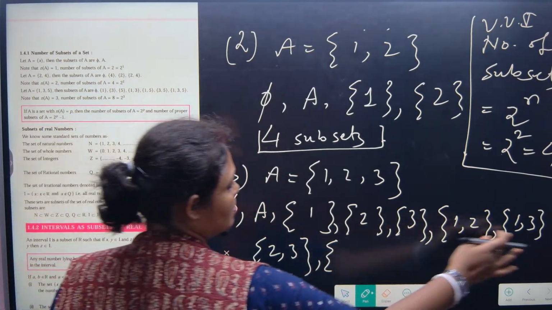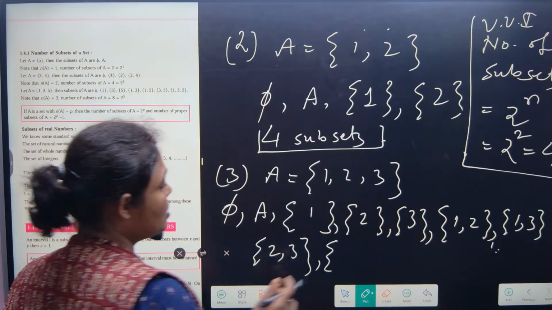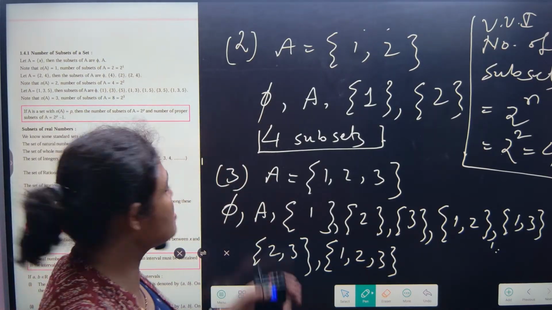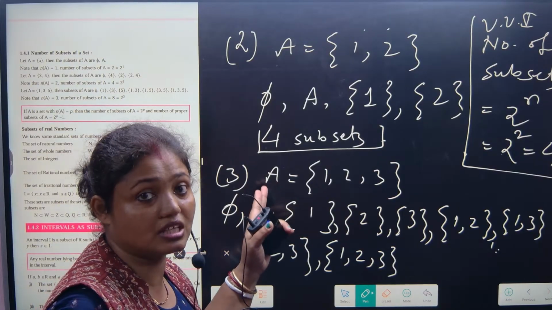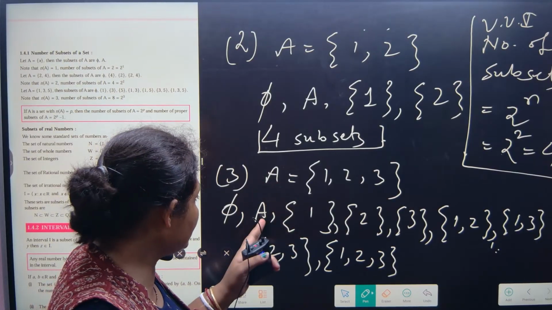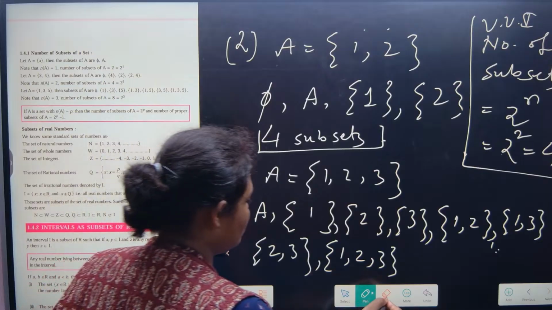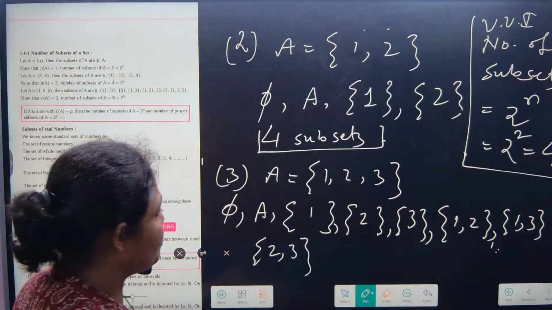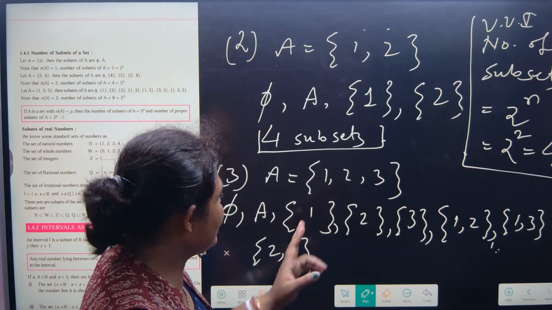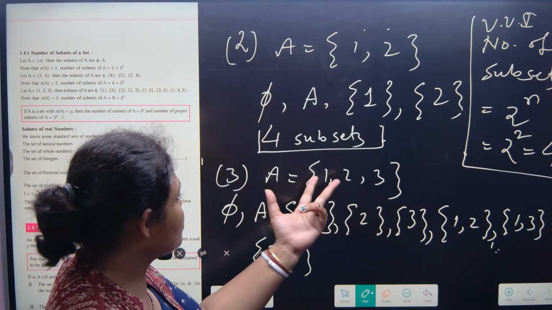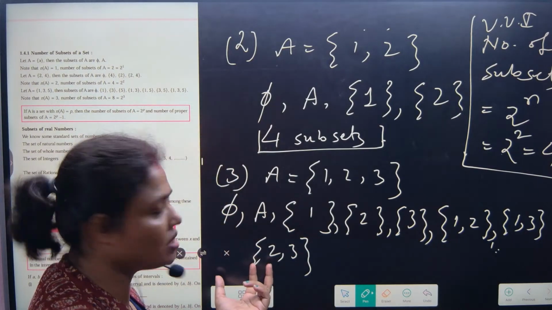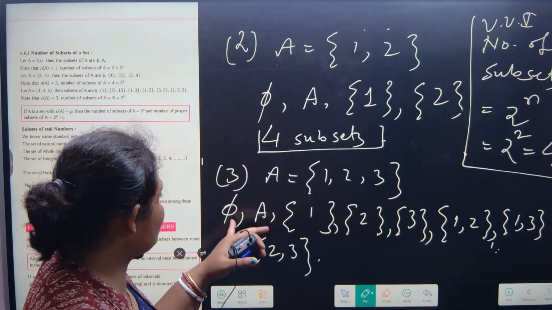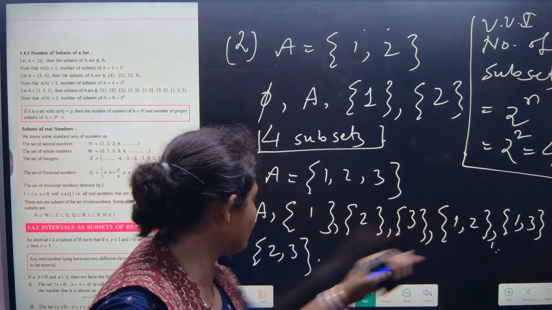Next, with 2 elements we have finished. Next we have 3 elements. Now see, with 3 elements we have only the set A itself. We have already written it here, so erase this one. So with single elements we have 3 subsets, with 2 elements we have another 3, right? So how many subsets do we have? 1, 2, 3, 4, 5, 6, 7, 8.